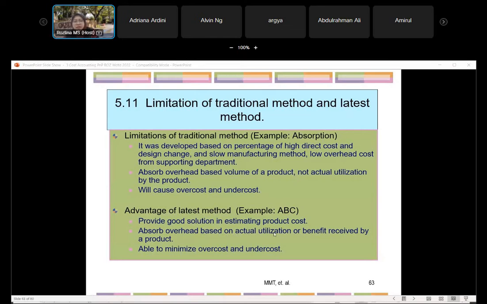This is what you have done before, with department X and Y in our first class, where there was the portion of utilization. So we can see how to calculate based on the portion of utilization. So this ABC will use the actual utilization by the product, able to minimize overcost and undercost.